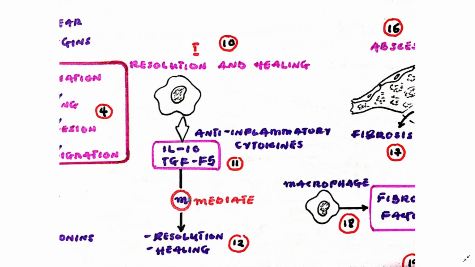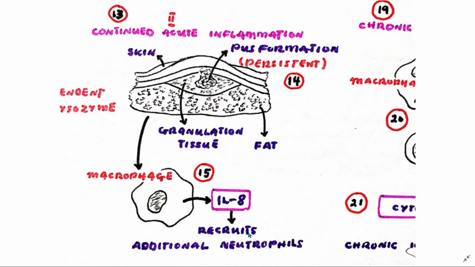These cytokines mediate resolution and healing. The next outcome is continued acute inflammation. This is marked by persistent pus formation, and interleukin-8 from macrophages further recruits additional neutrophils in order to continue the inflammatory process.